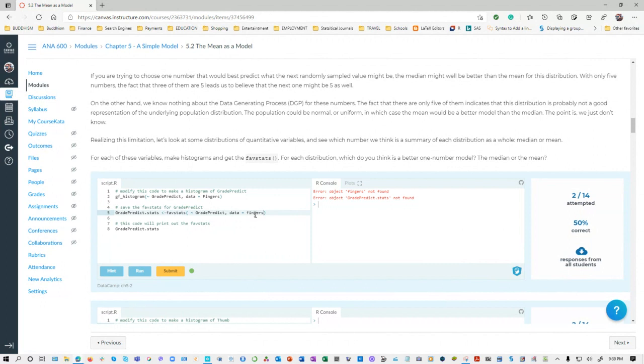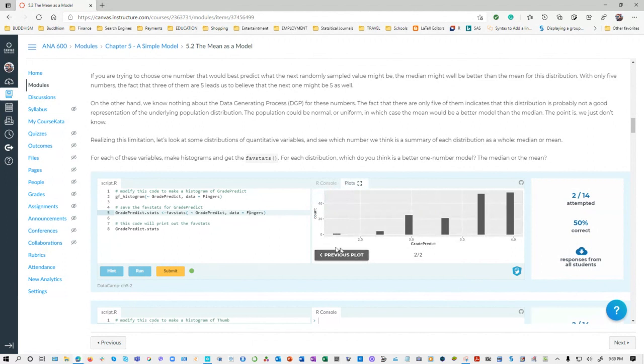Grade predict stats, not fingers. Okay, this is the minimum through the maximum through Q1, median, and so on. It's a graphical representation on here.